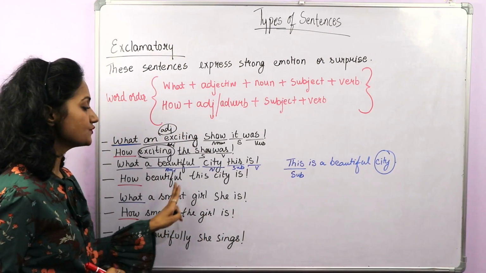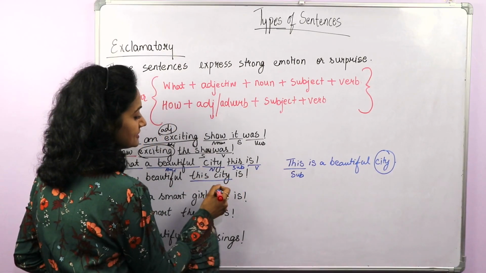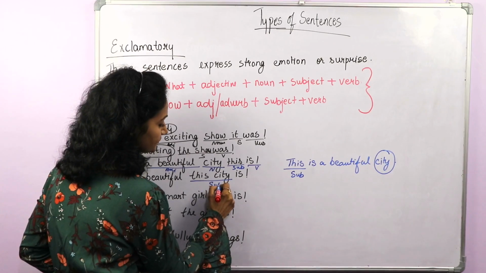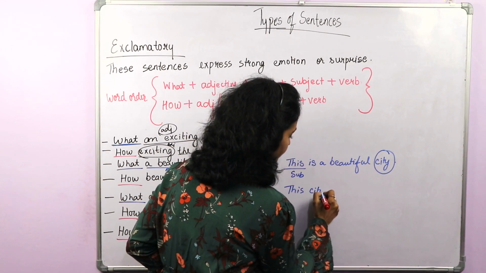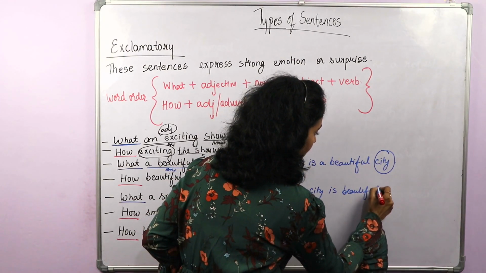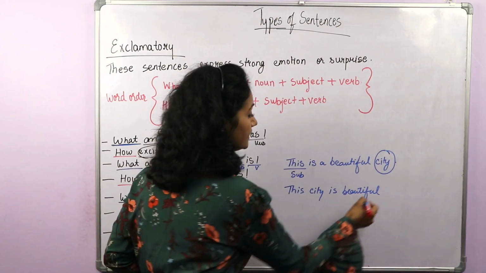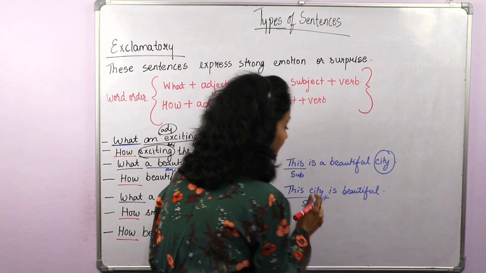Now, how beautiful this city is. Now here, this city together, this is the subject. If you write this city is beautiful, okay, so this city is the subject because we are talking about this city.